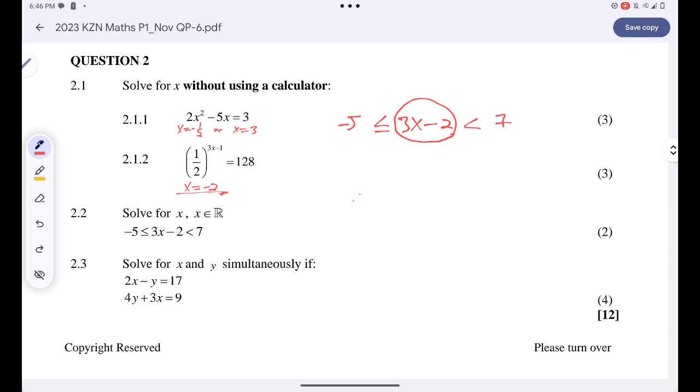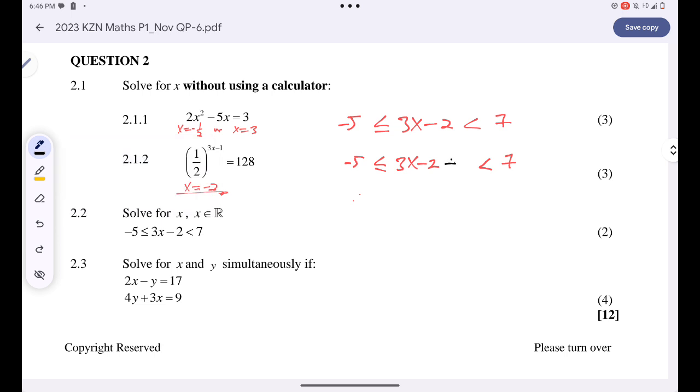I must isolate x. The first thing that I must get rid of is this thing over here. So how can I get rid of that thing? I can get rid of it if I add a 2. So I'll have 3x minus 2, and remember that I'll have negative 5 and 7.